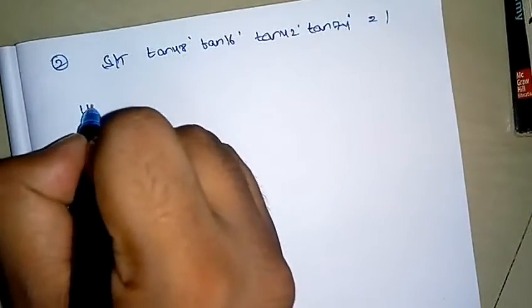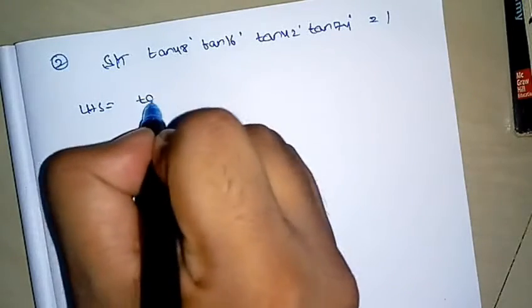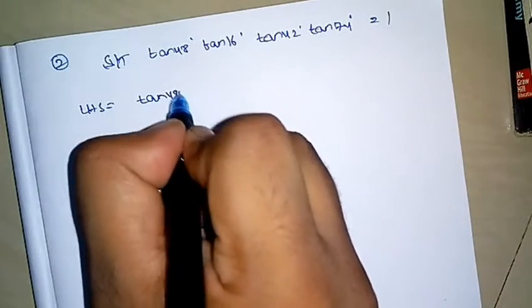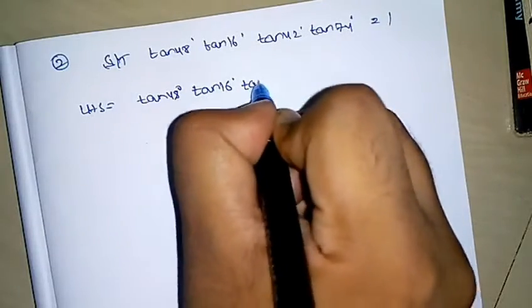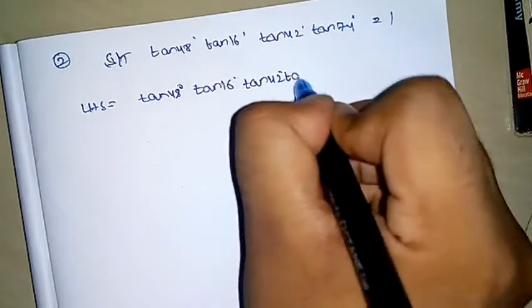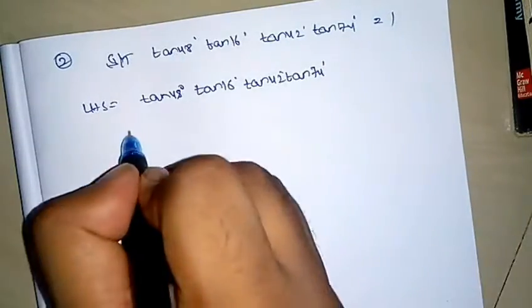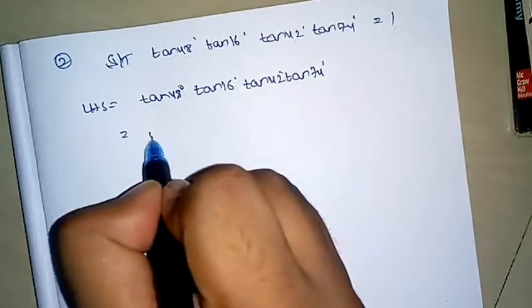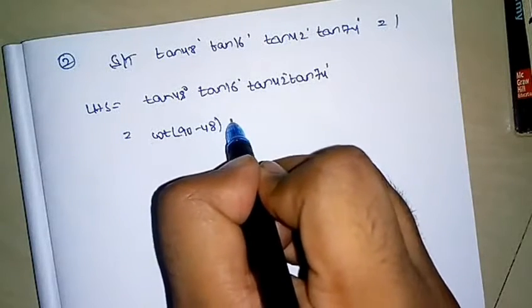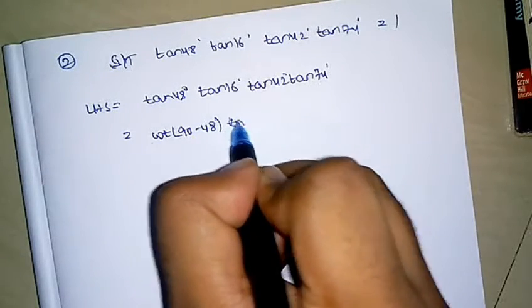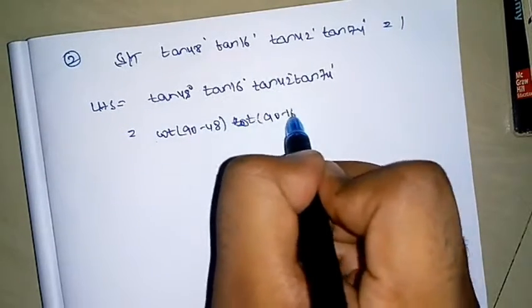So now LHS is equal to tan 48 into tan 16 into tan 42 into tan 74. Tan 48 can be written as cot (90 minus 48), and tan 16 can be written as cot (90 minus 16).